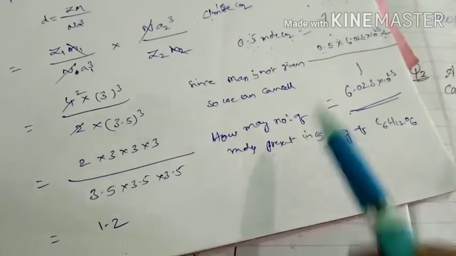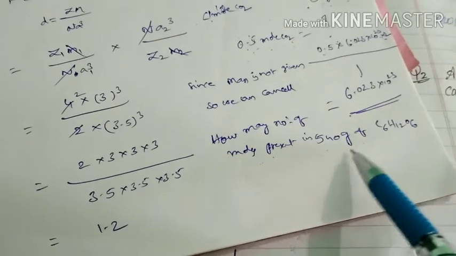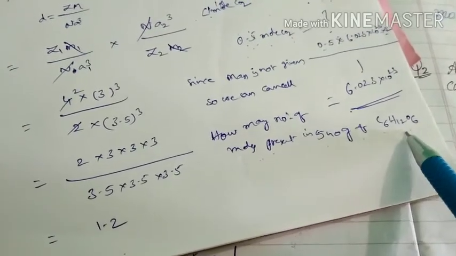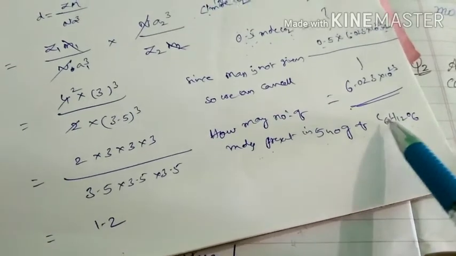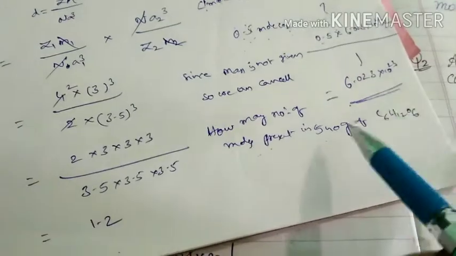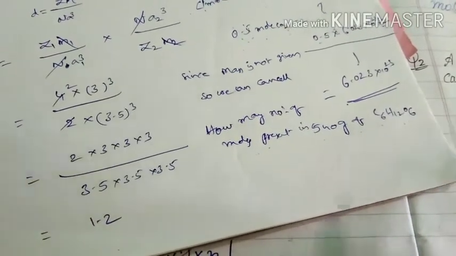That means what do we have to find? We have to find the number of moles. What is given? C6H12O6 is given. Is this an atom or a molecule? This is a molecule, because carbon, hydrogen and oxygen are present. If more than one atom is present, it is considered a molecule.